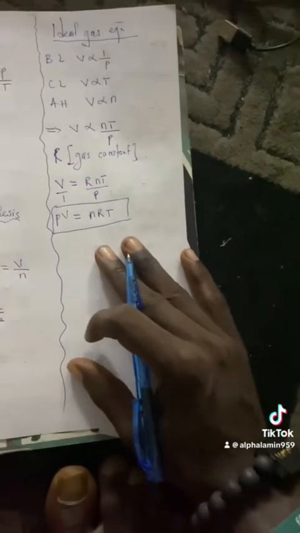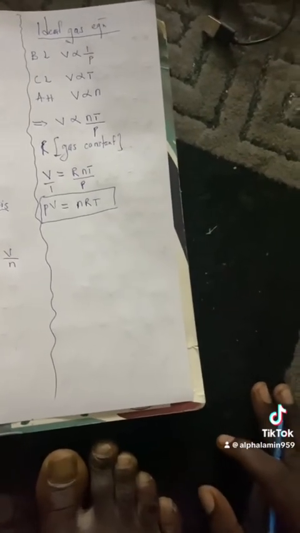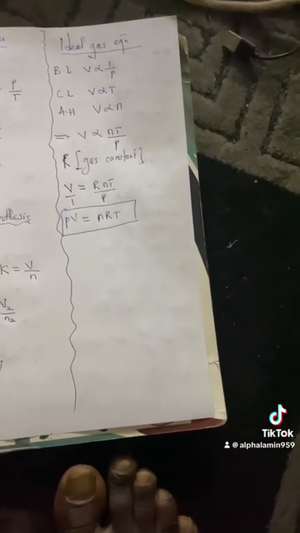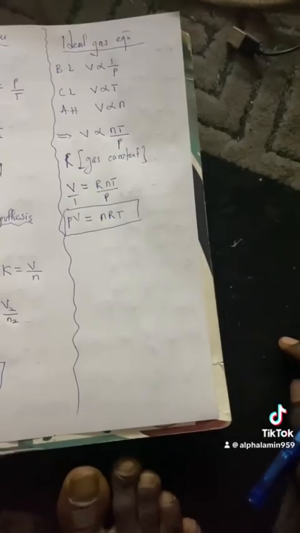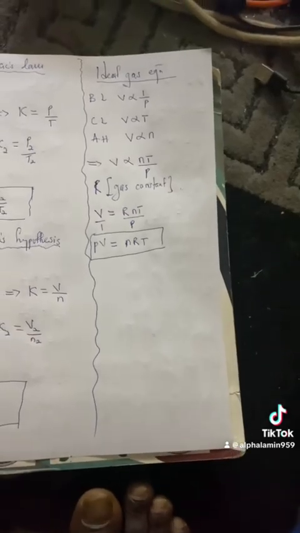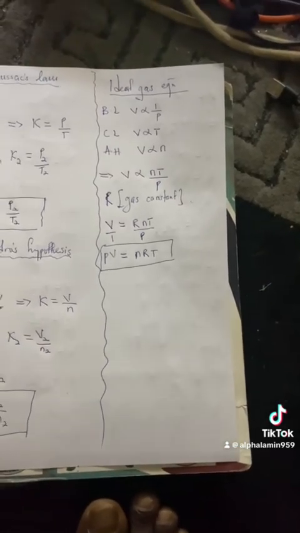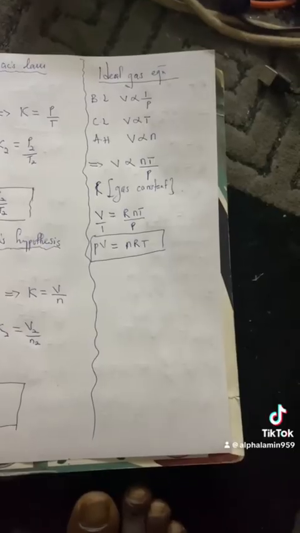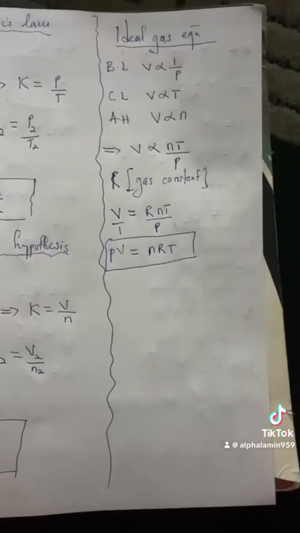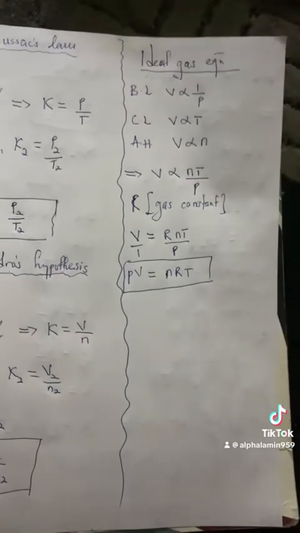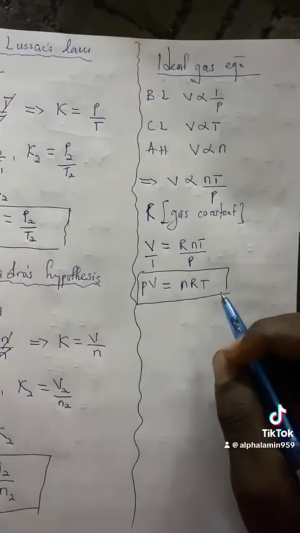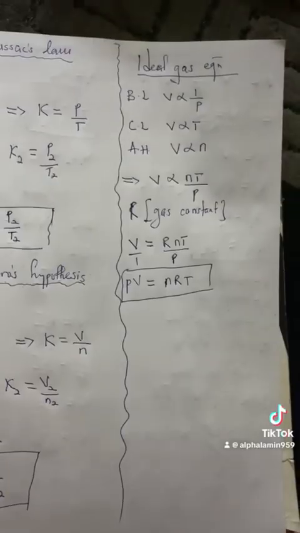Okay, so we're going to look at what we call the Van der Waals relation, because there are certain gases that deviate from ideal behavior. We have certain gases that deviate from ideal behavior, and these gases are called real gases, and they are not called ideal gases. So Van der Waals made a correction that accounts for the intermolecular attraction and the extra or excess volume that exists in a gas.